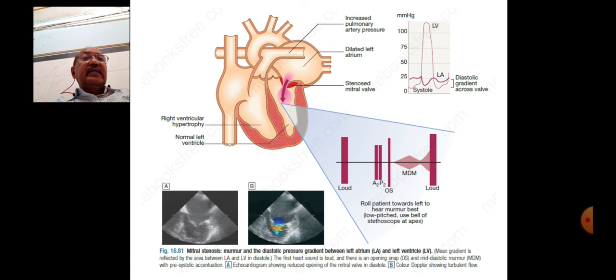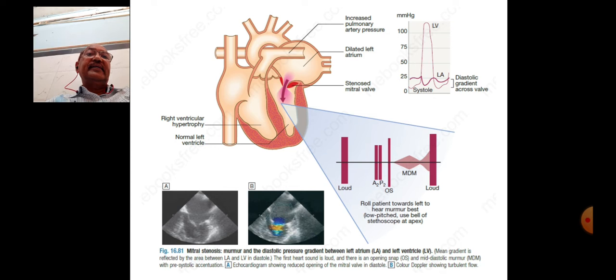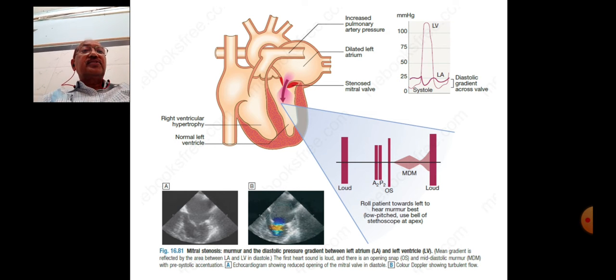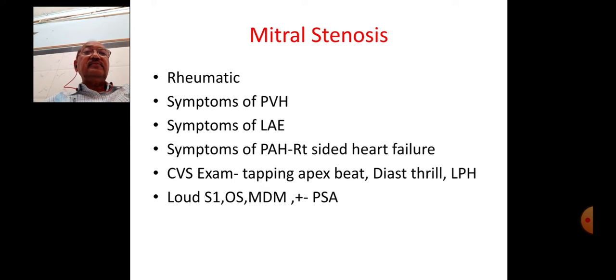And here it is nicely depicted: loud S1, then prominent P2 followed by opening snap, and then mid-diastolic murmur with pre-systolic accentuation. So these are the classical findings which we see in patients of mitral stenosis.